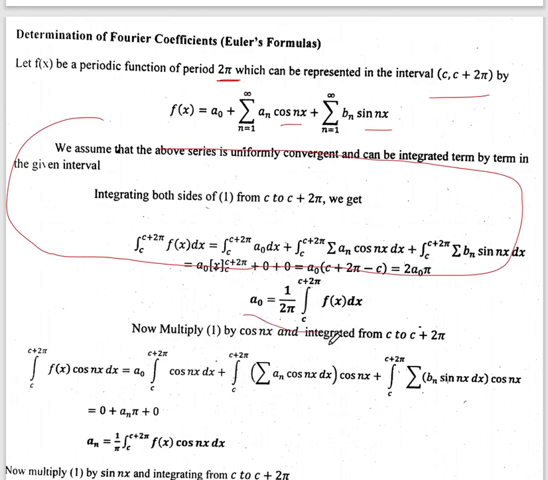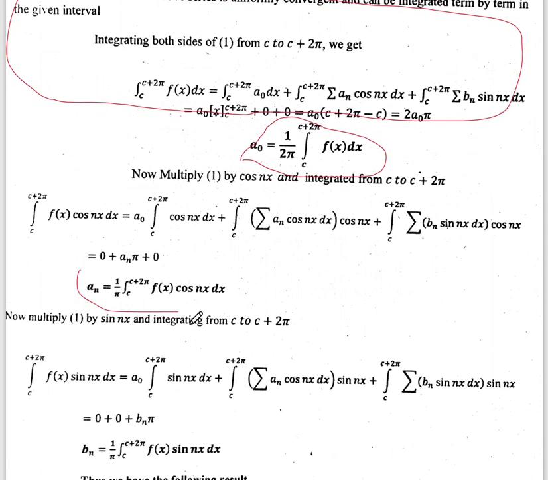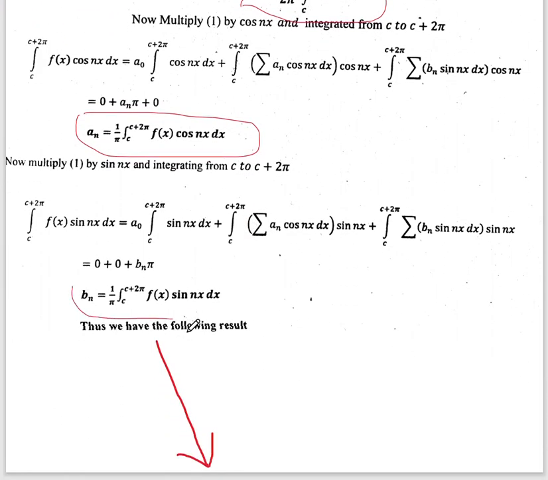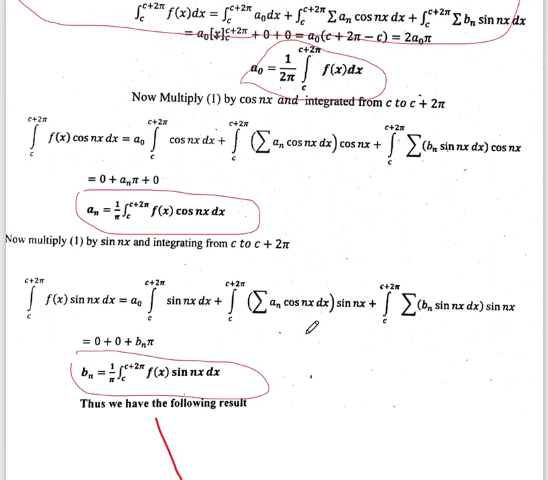So this is the value of a0, the coefficient of the Fourier series. Then the value of an is 1 upon pi integral c to c plus 2 pi f of x cos nx dx. And third is bn, that is 1 upon pi integral c to c plus 2 pi f of x sin nx dx. These three formulas are very important.